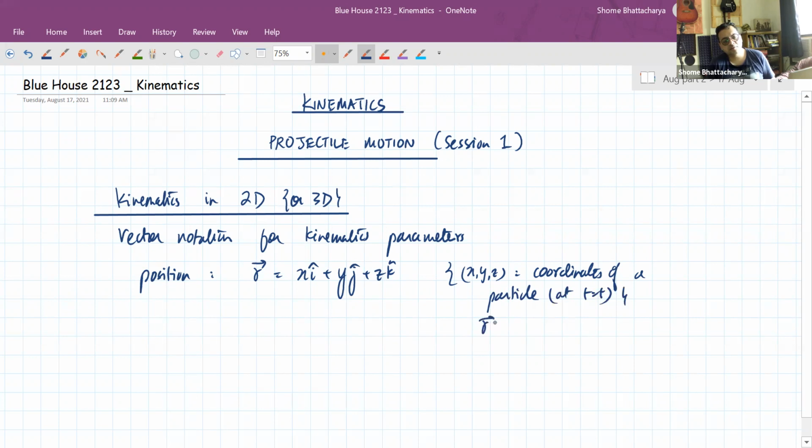Then r represents the position vector. It's called the instantaneous position because it's at that time t.